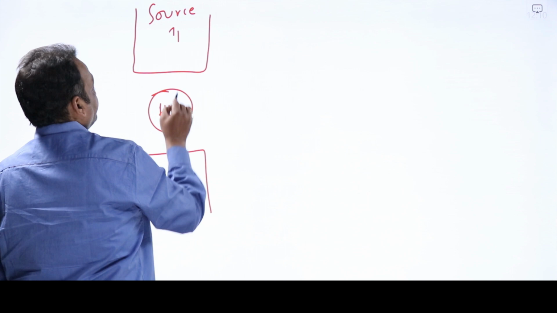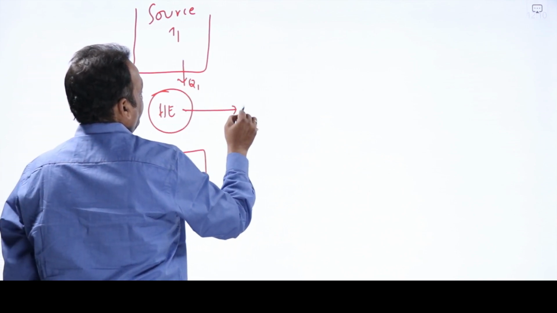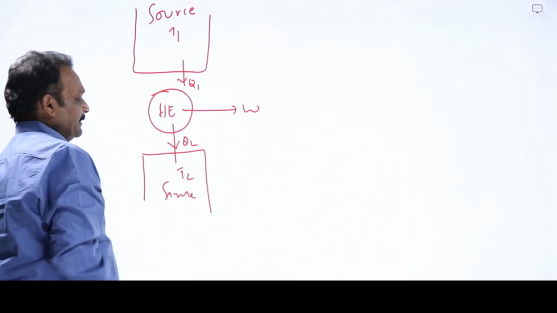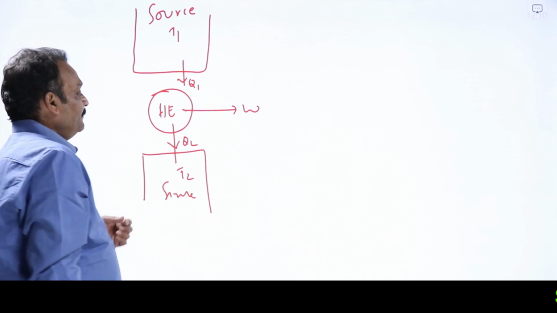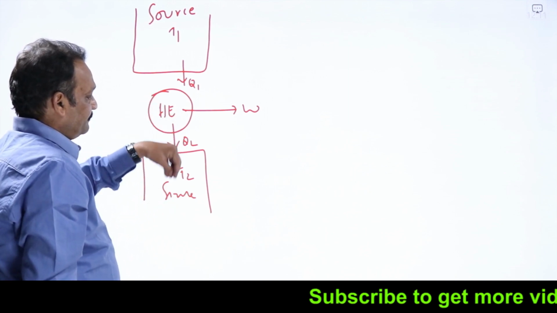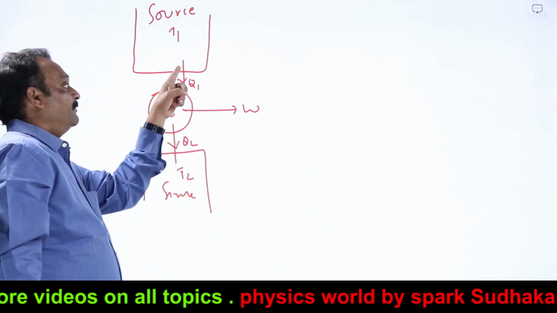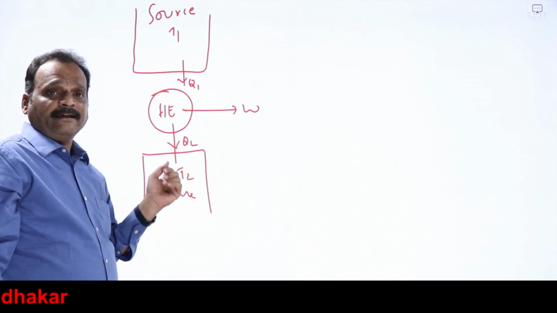A heat engine takes Q1 amount of heat from a source at higher temperature, does some W amount of work, and rejects some Q2 amount of heat into a sink at lower temperature. This rejection is a must according to the second law of thermodynamics. Every heat engine has to reject some heat or the other into a sink at lower temperature. Without rejecting any heat, no engine can take some heat and convert all of it into work. That is nothing but the Kelvin-Planck statement of the second law of thermodynamics.